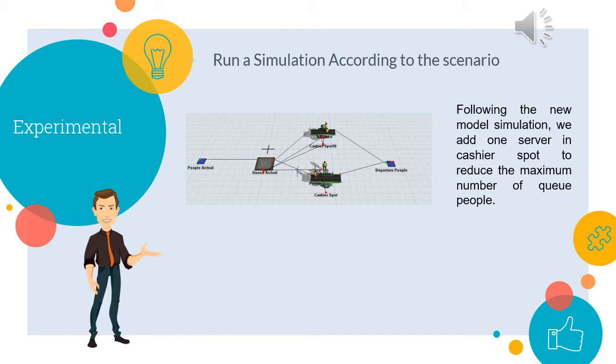So we add one more cashier spot and one more operator, and then the result is on the next slide.